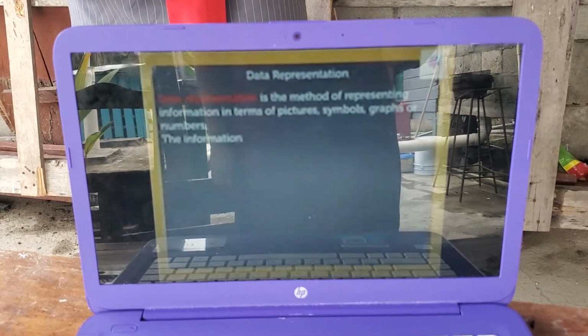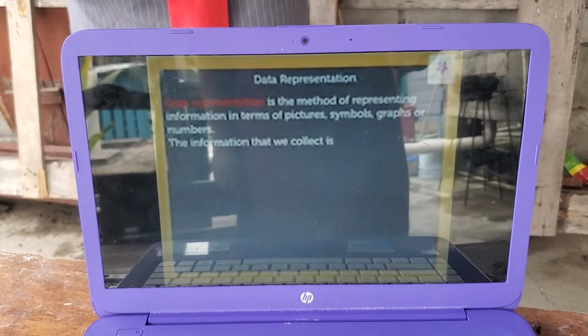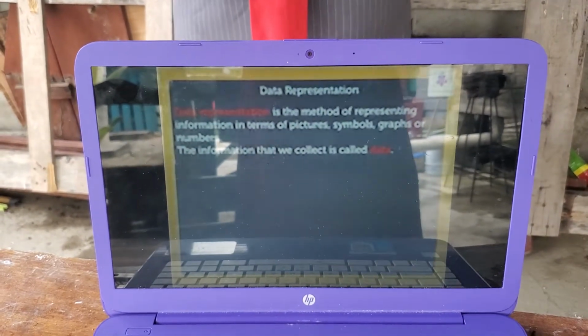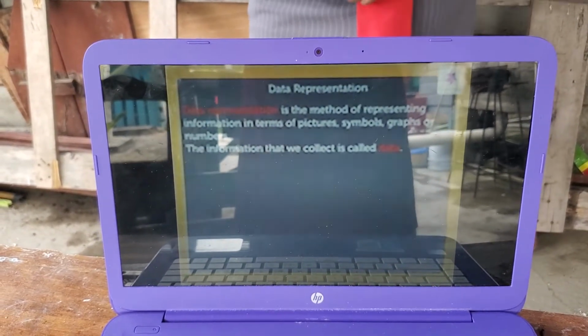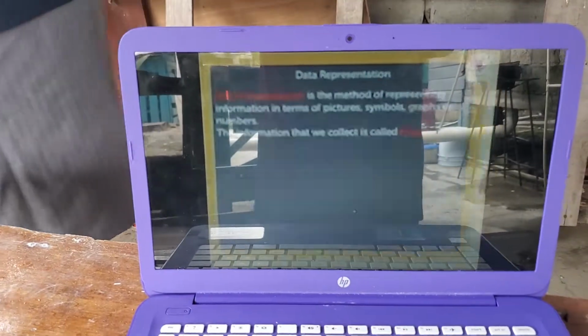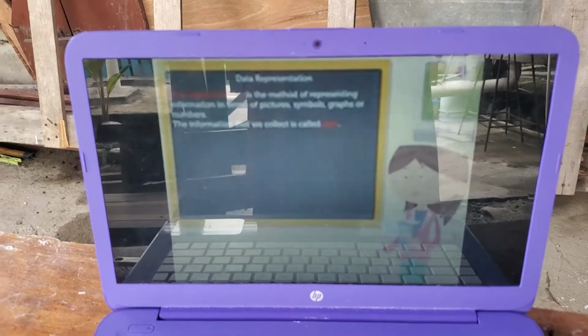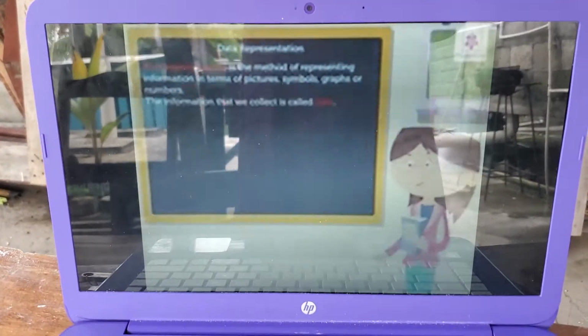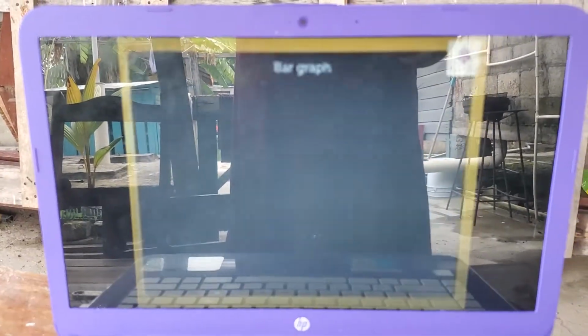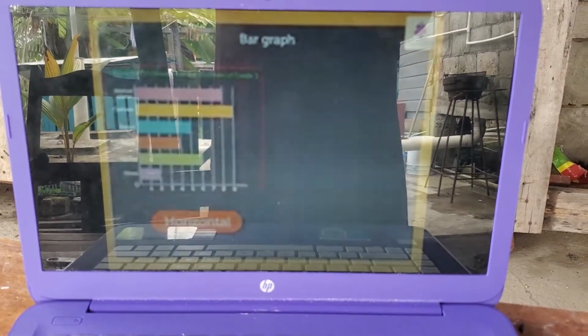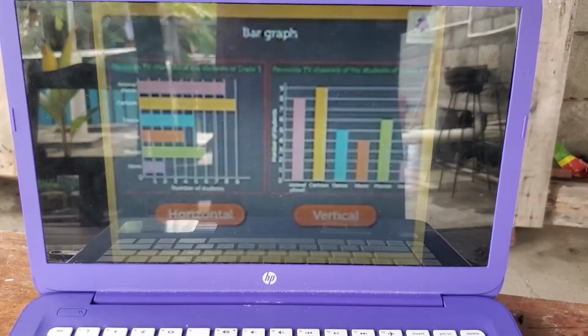The information that we collect is called data. We can reach certain conclusions on studying the data. There are different methods of data representation. One of them is bar graph. Bar graphs may be horizontal or vertical.